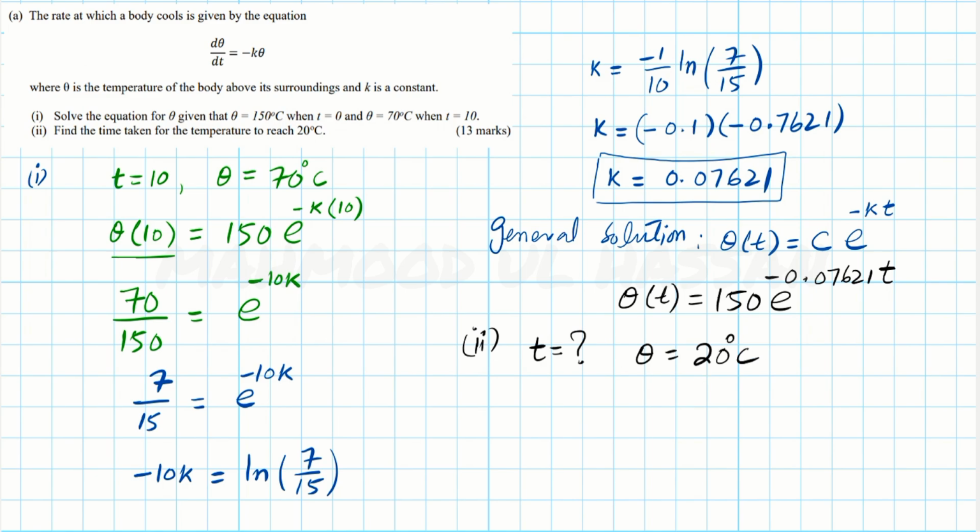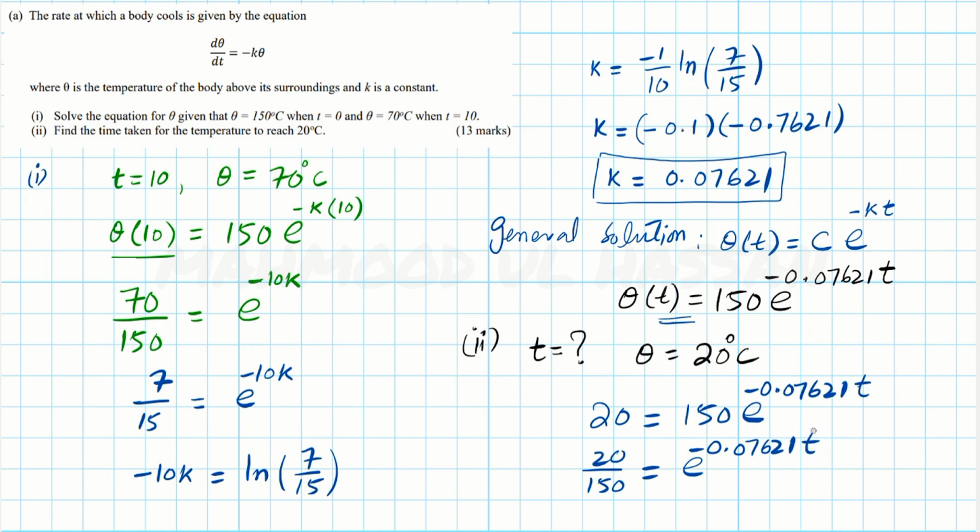Putting the values in the above solution, theta of t would be 20 is equal to 150 e raised to the power minus 0.07621 t. Divide each side by 150, so it would become 20 divided by 150 is equal to e raised to the power minus 0.07621 t.